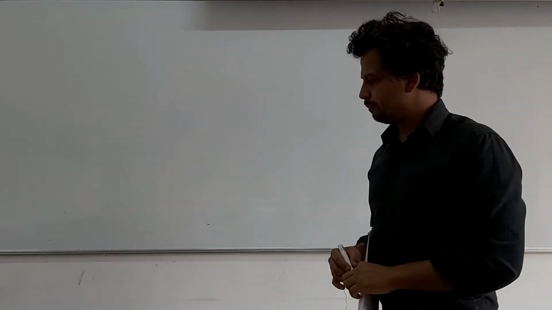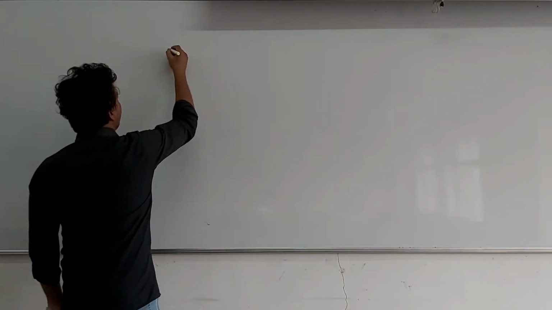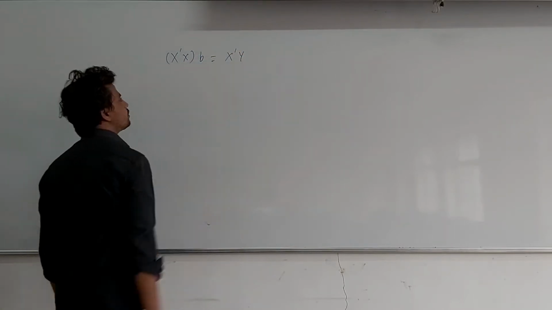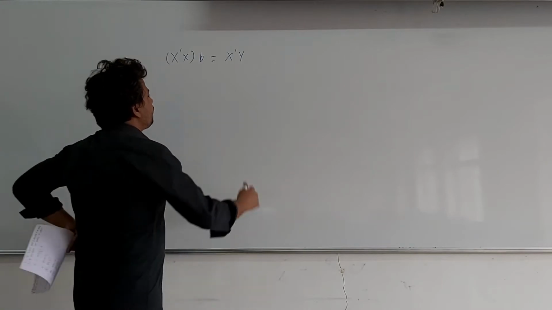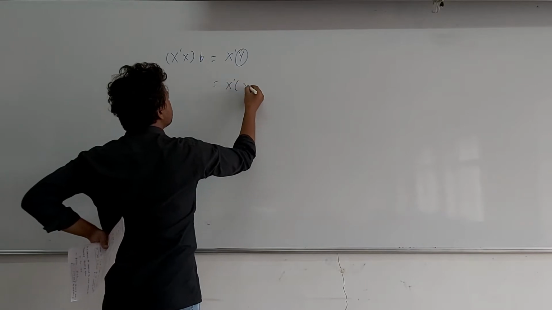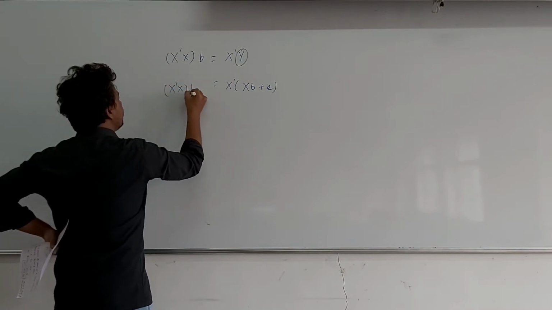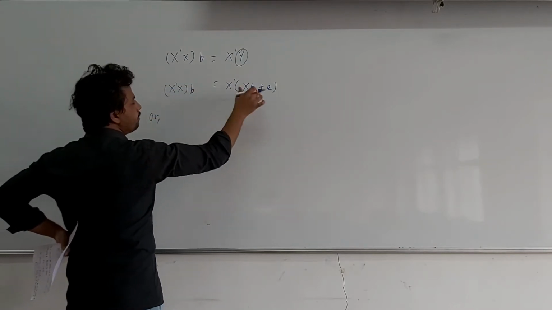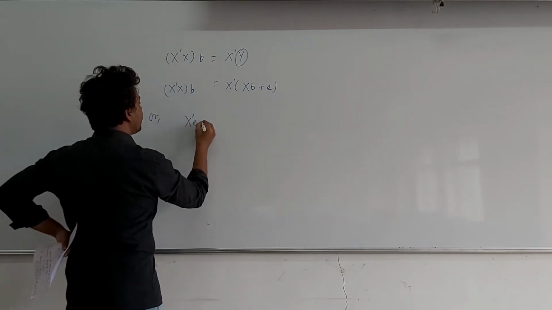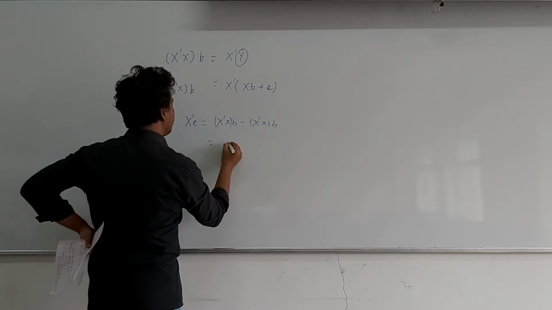If you remember from our previous lecture, we had derived the solution for B, and we wrote that solution as X transpose X B must be equal to X transpose Y. Now, if you replace this Y by the sample regression line, this can be written as X transpose X B plus e, and on the left hand side you have X transpose X B. When you multiply this out, it will become X transpose X B plus X transpose e, and I can write X transpose e as X transpose X B minus X transpose X B, that will be equal to 0.